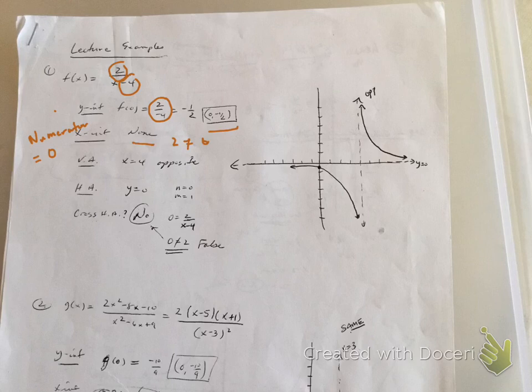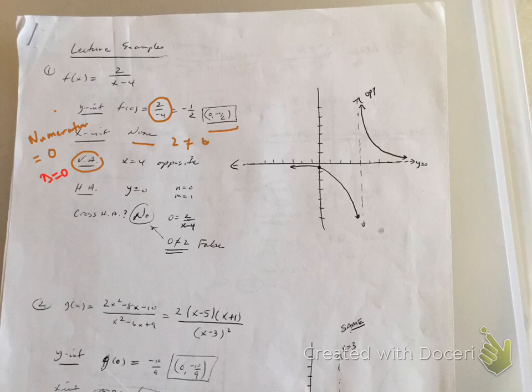So now we need to look at the vertical asymptote. The vertical asymptote is going to be when the denominator is equal to 0. So I'm taking this denominator right here, and let me erase all of that.